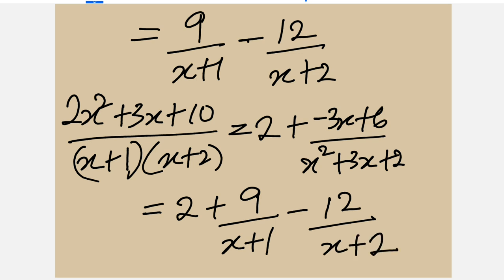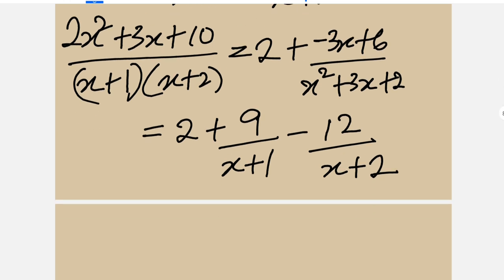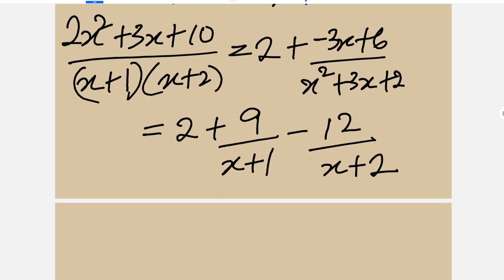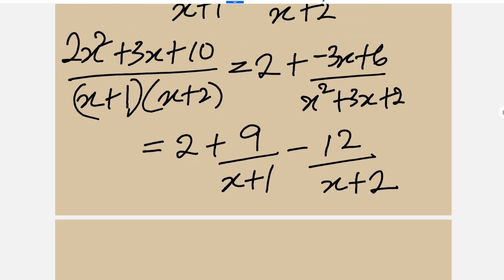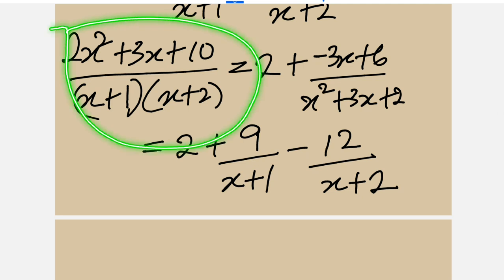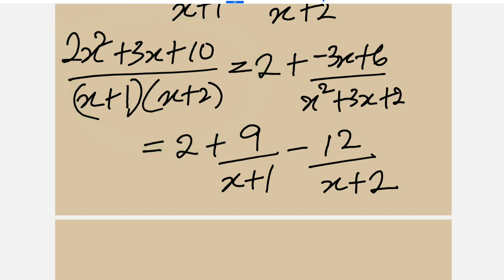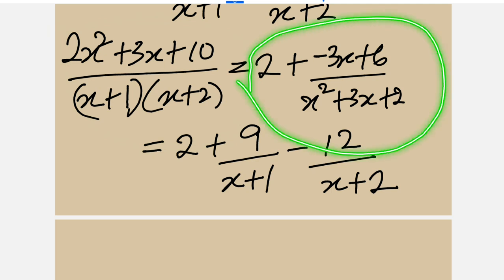This is the exact final expansion answer. You realize that the expansion of 2x squared plus 3x plus 10 divided by x plus 1 x plus 2 firstly gives us 2 plus minus 3x plus 6 divided by x squared plus 3x plus 2.